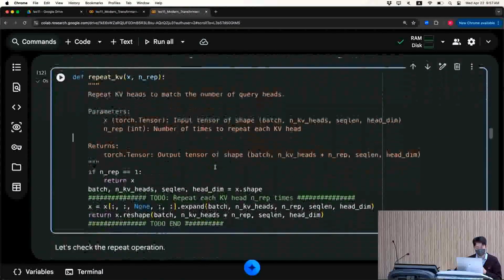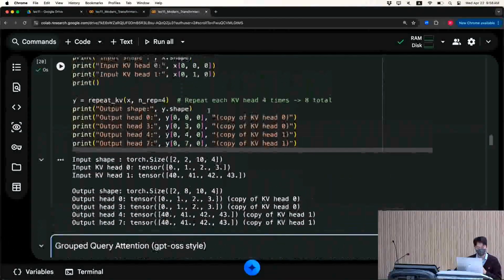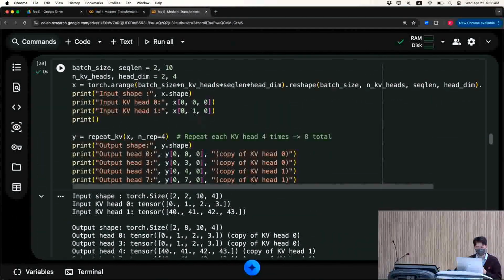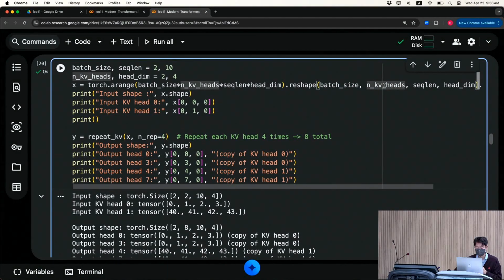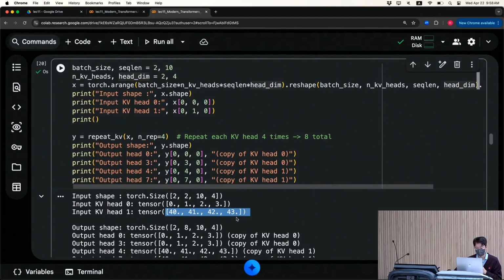Okay, so let's briefly check the shape. The input shape was batch size, number of KV heads, sequence length of 10, head dimension of 4, and to print out the input, input 0 and input 1 looked like this.